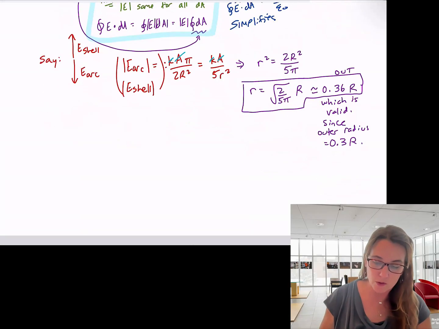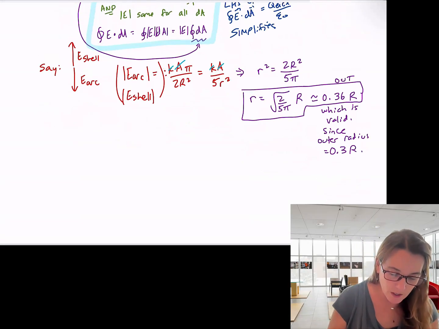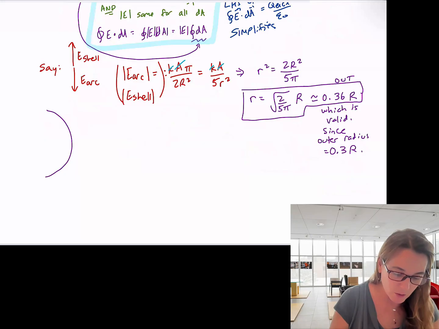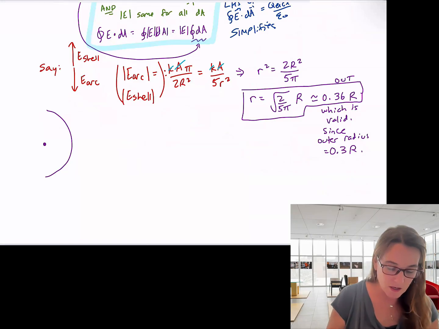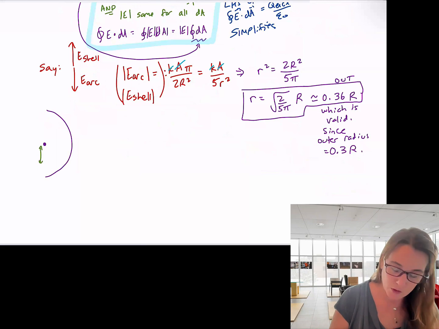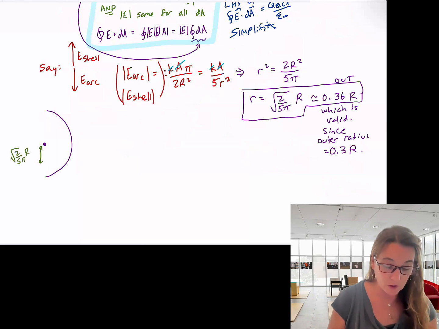So one solution is to have our arc with the origin and then a distance of square root of 2 over 5 pi r below it.